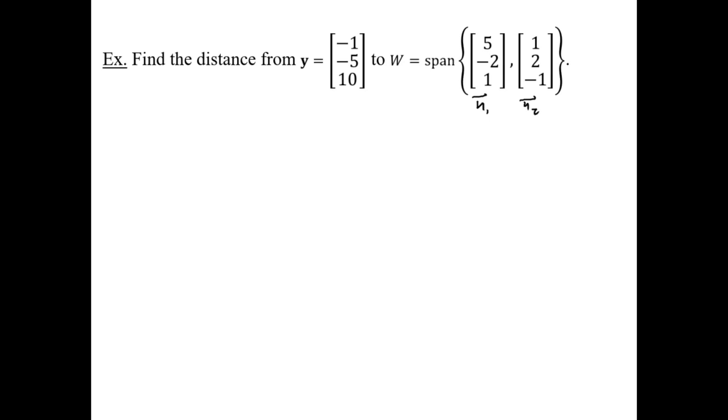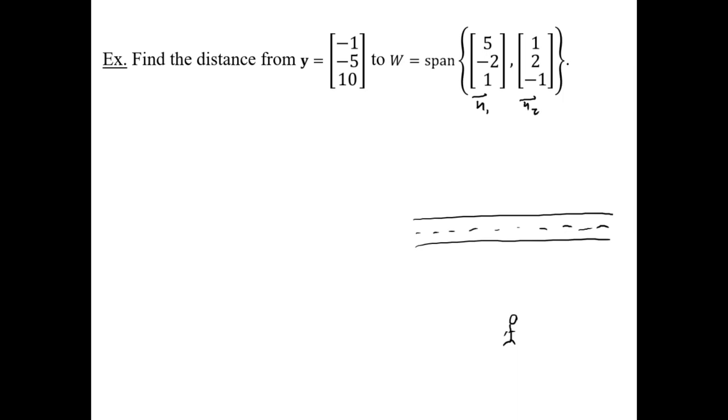That's cool. So if I want to find the distance from y to this subspace, what I really mean is find the distance from y to the vector in the subspace that's closest to y. Think of it this way. This might be a little silly, but let's say you're standing in the middle of a field, and there's a street, and you need to walk to the street.